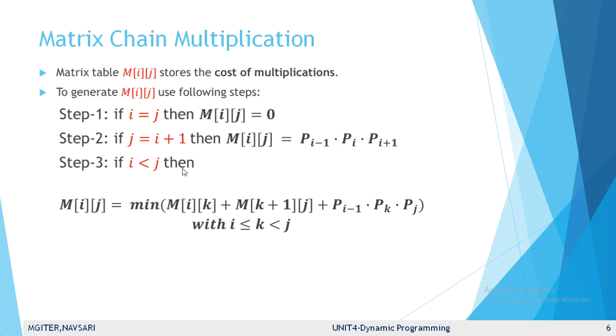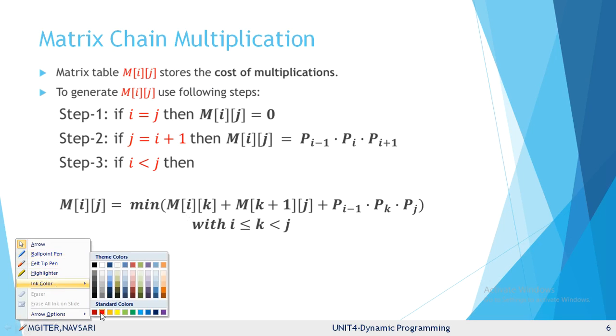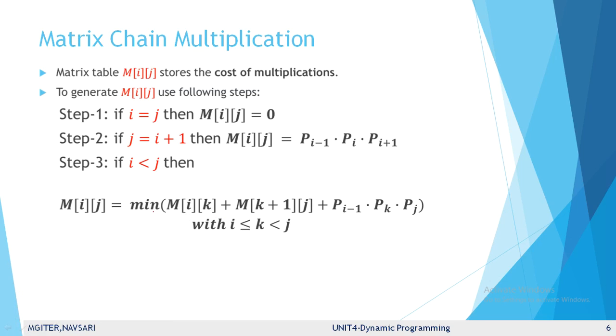If i is less than j, then M of ij is equal to the minimum of M of i to k plus M of k plus 1 to j plus P of i minus 1 dot P of k dot P of j, with i lesser or equal to k less than j. The minimum is found with the different values of k.